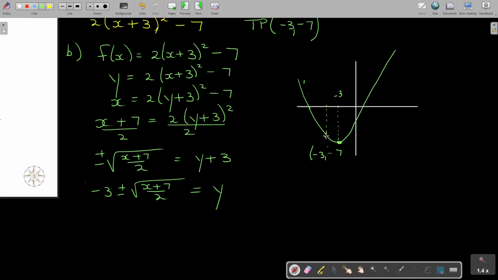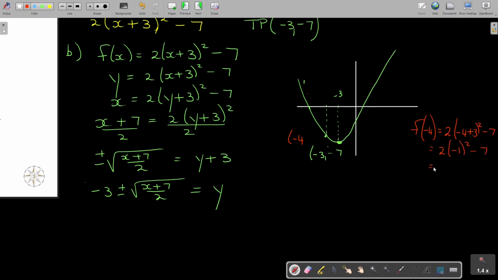Now, it's always good to get that point. So, negative 4. Let me get the point at negative 4. So, basically, just substitute negative 4 in f: f(negative 4) is 2 times (negative 4 plus 3) squared minus 7. So, it's 2 times negative 1 squared minus 7.